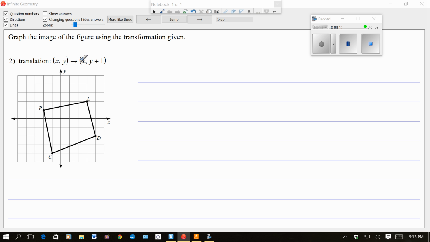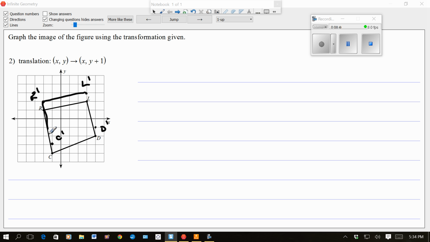It just stays where it's at. But my y value, it's telling me to add 1. So it means move up 1. There's R prime. L, same thing: I just move up 1, L prime. C, up 1, C prime. D, up 1, D prime. It's that easy.